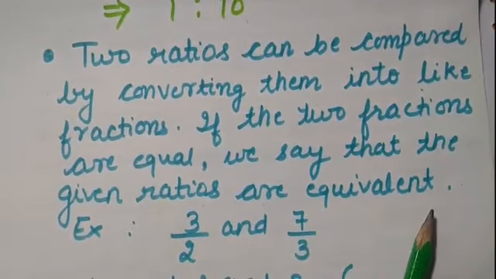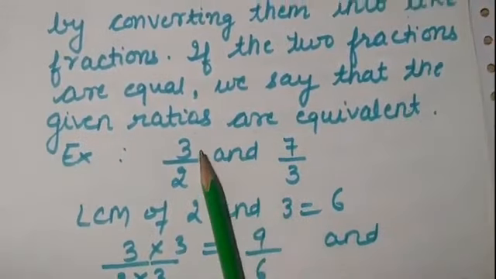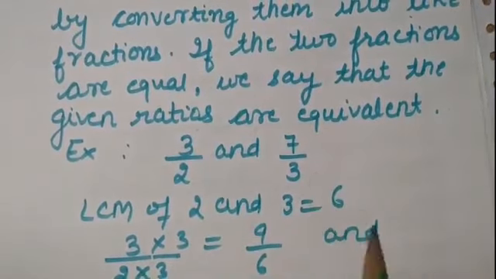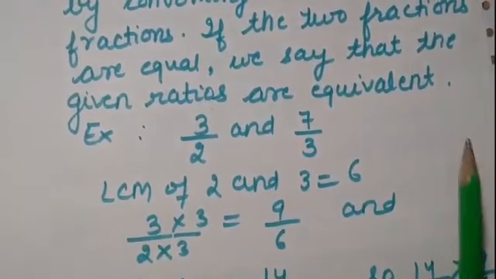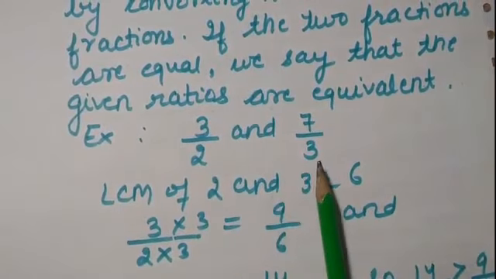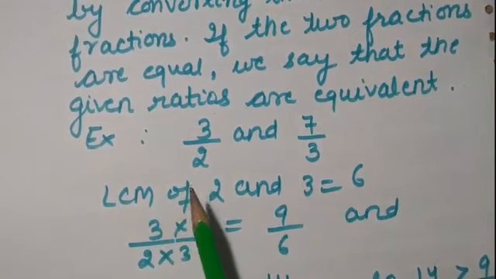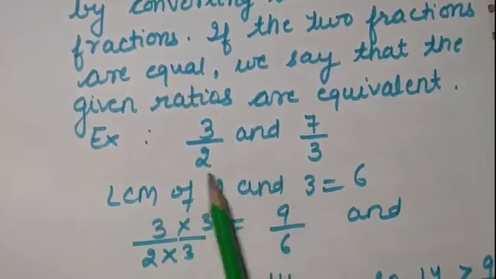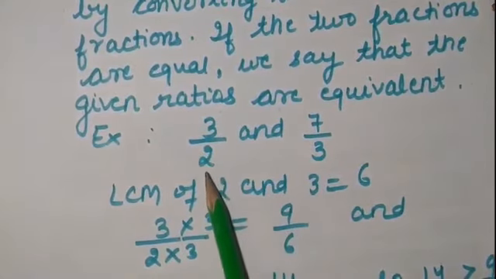So let us consider an example. We have two ratios given, that are 3 by 2 and 7 by 3. First I have to convert them into like fractions. It means I have to make their denominators the same. For that I will first take the LCM of the denominators of the given fractions.